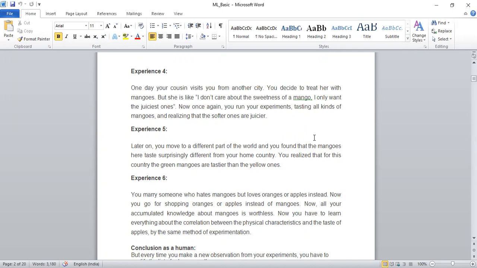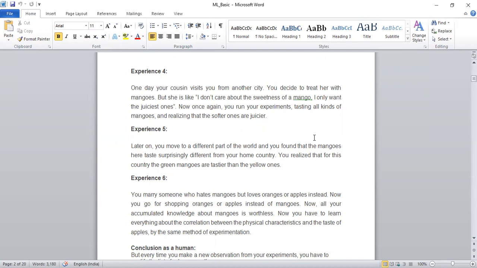So experience 6. You marry someone who hates mangoes but loves oranges or apples instead. Now you go shopping for oranges or apples instead of mangoes. Now all your accumulated knowledge about mangoes is worthless, of no use to you.